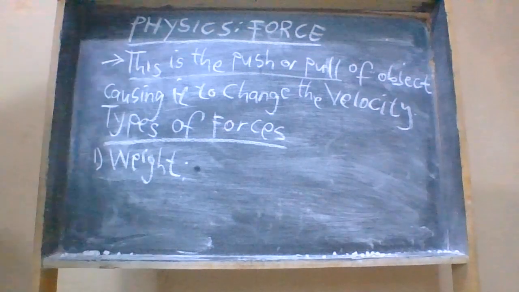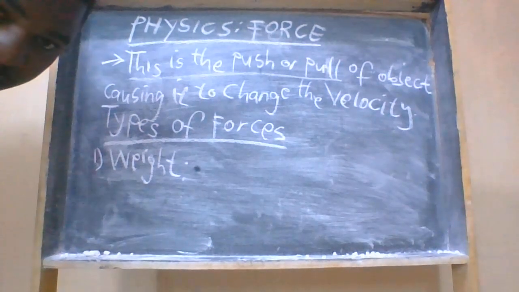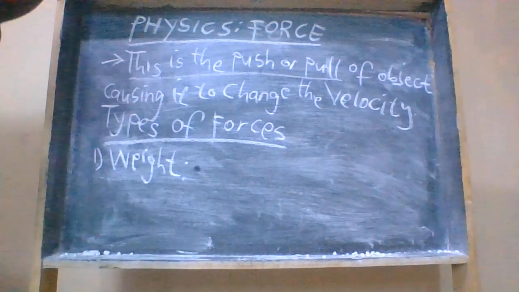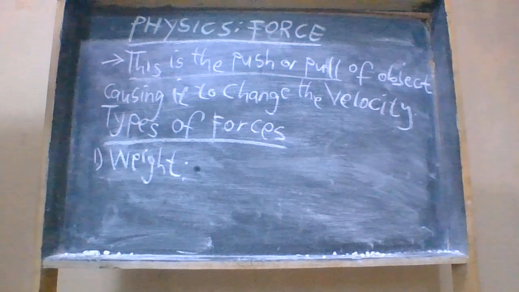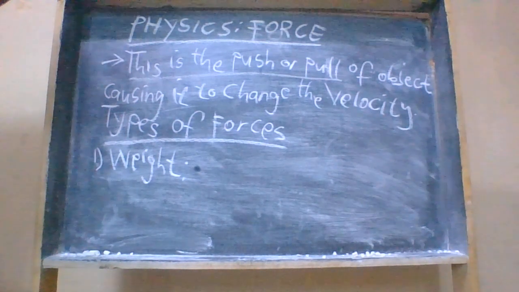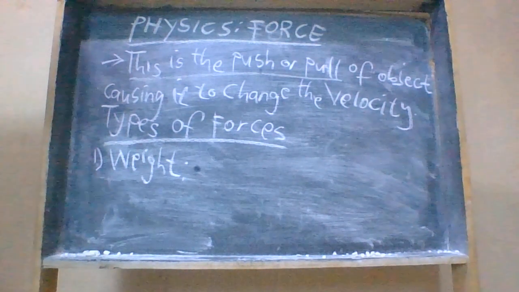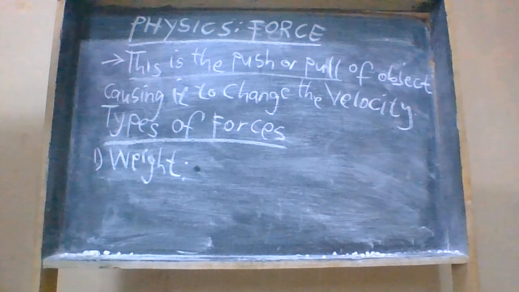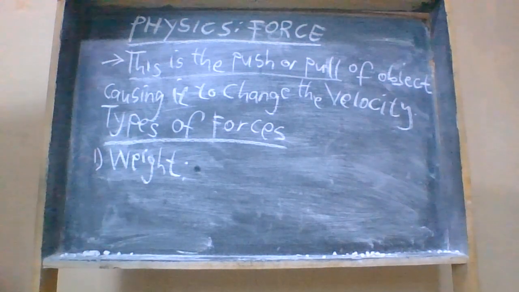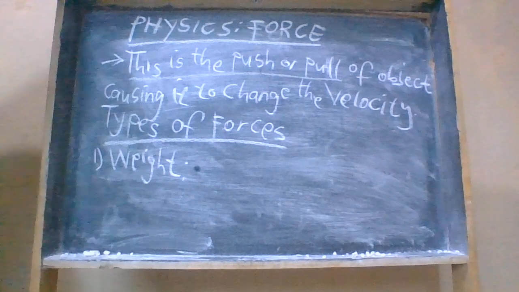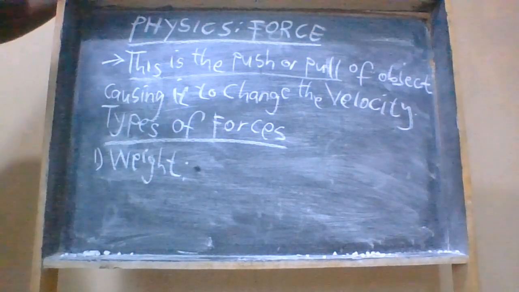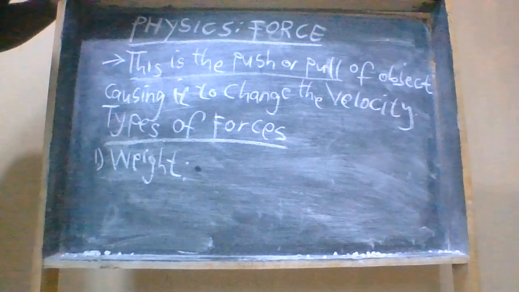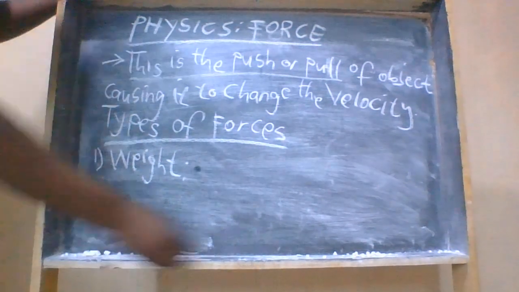So someone may ask, what is weight? Weight is the gravitational force acting on an object. It acts vertically downwards through the center of gravity. We shall talk about gravity later on. Gravity is just the force of the ground, so to say.